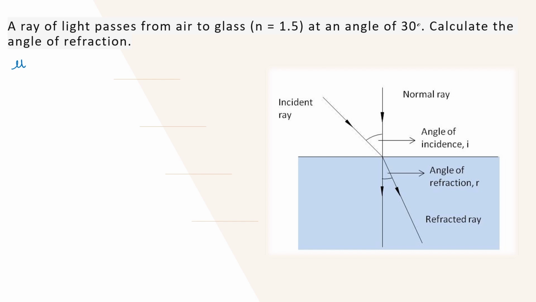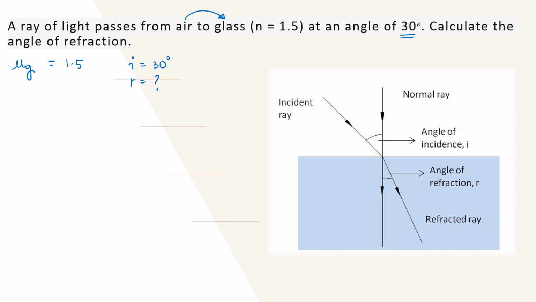Here the light is traveling from air to glass, hence this is the refractive index of glass. How much is that? 1.5. Next, when it is passing, its angle is 30 degrees. This is called the angle of incidence, and I'll write it as I. Now we have to calculate the angle of refraction.